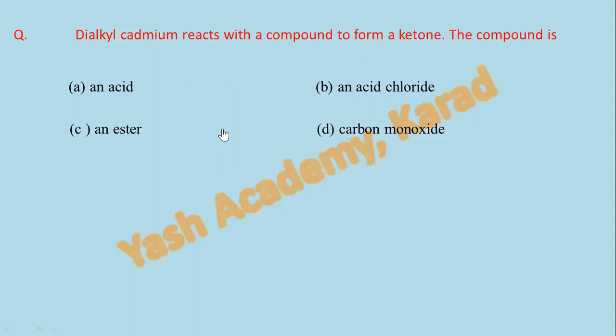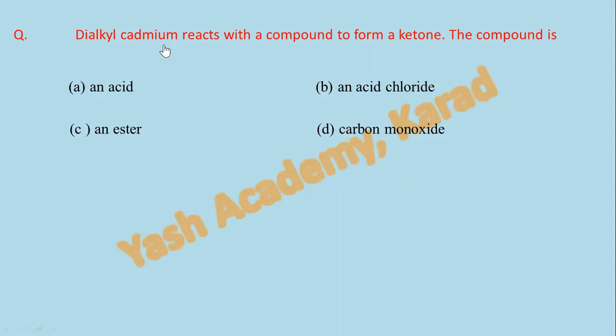Okay. Now next, dialkyl cadmium reacts with a compound to form a ketone. The compound is an acid chloride, an ester, or carbon monoxide.